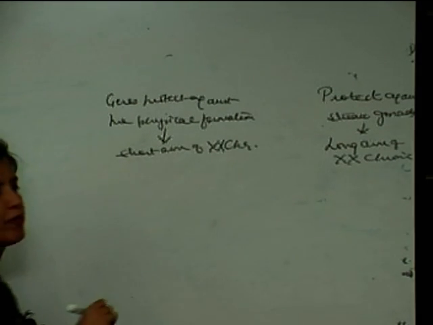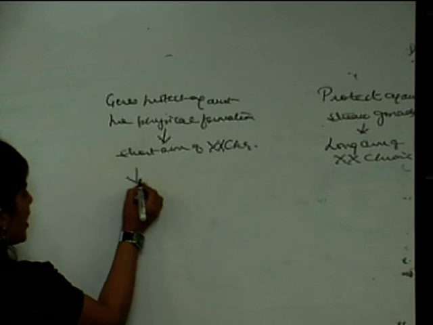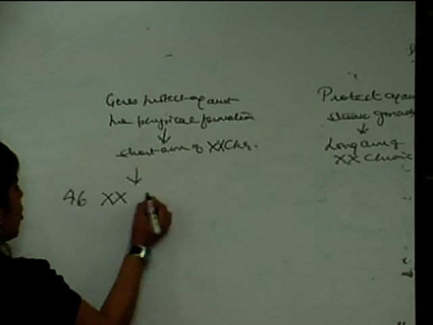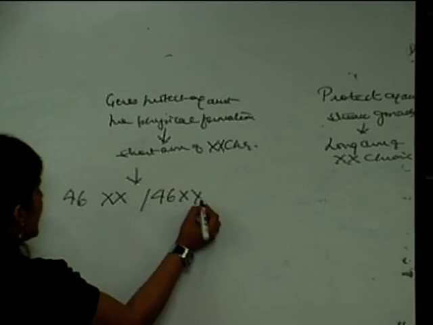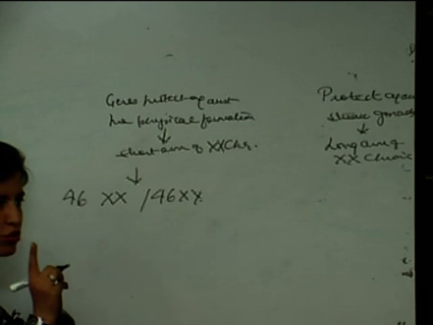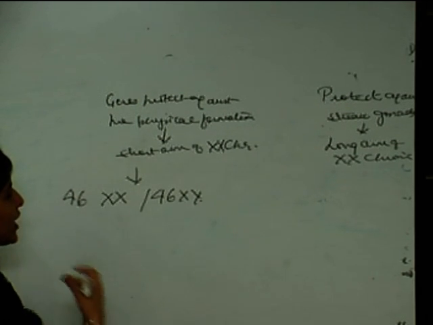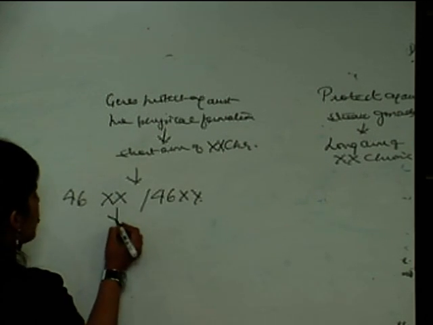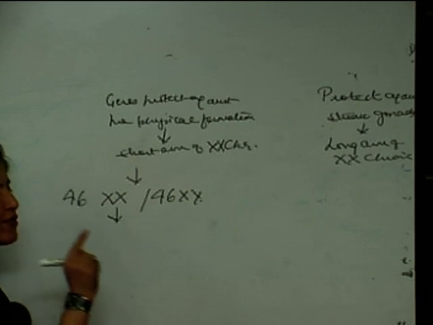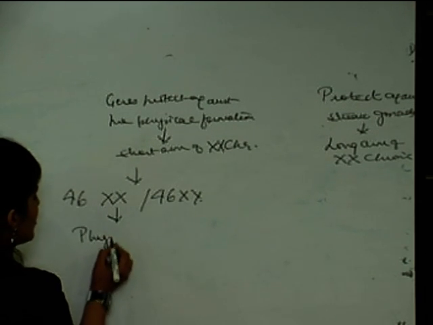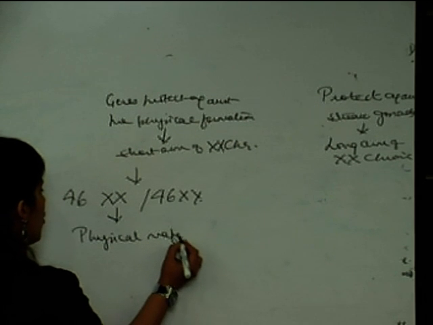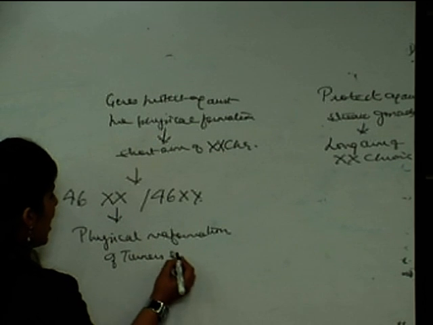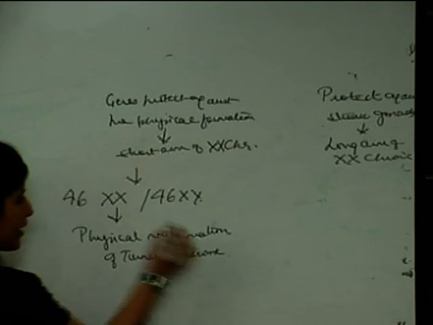Therefore, if in a patient the short arm of the X chromosome is absent, be it 46XX or 46XY, the genes protecting against the physical malformations of Turner syndrome will be absent, and so these patients, although they will not have streak gonads, will have physical malformations of Turner syndrome, either in male or in female direction.